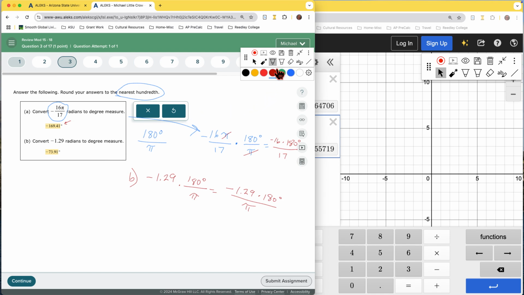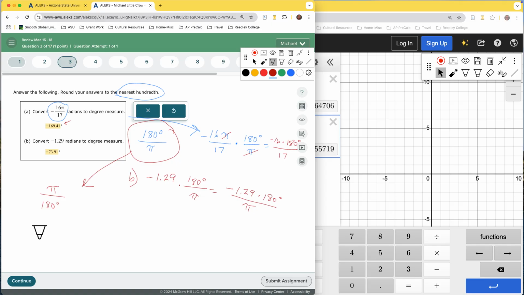Now, if this question comes up with a different version where you have to go from degrees to radians, what you do is you take that same conversion factor, but since you're getting rid of the degrees, you use pi over 180 degrees. This will divide out the degrees, leaving the radian measure.